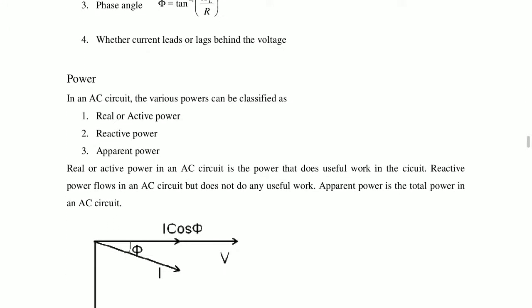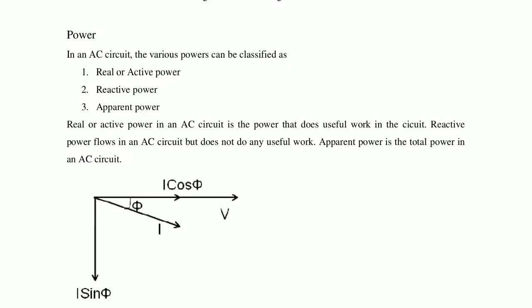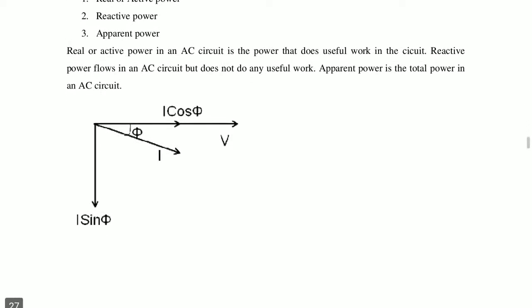Here the x-axis is I cos phi and the y-axis is I sin phi. The resultant of I sin phi and I cos phi gives I, and the phase angle is phi, which is the angle between voltage and current.